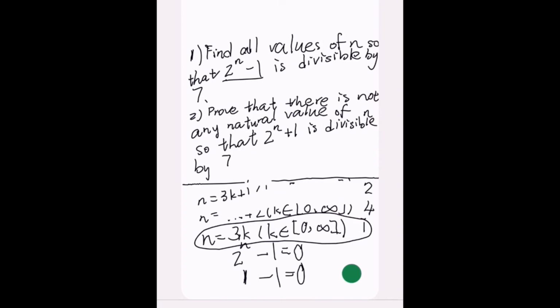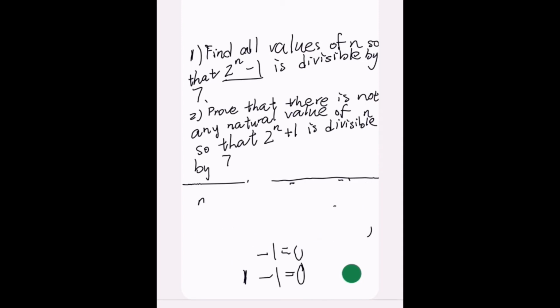So let's answer the first problem. When n is equal to 3k, while k is a natural number and k is in the range of 0 to infinity.